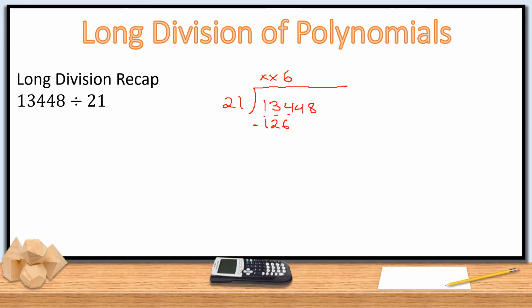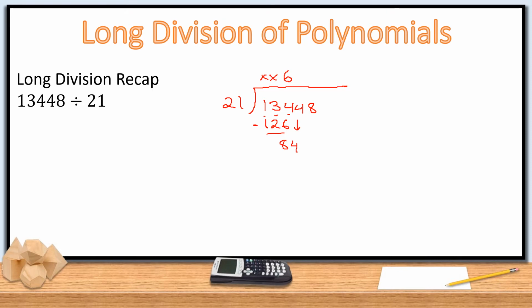Now, technically, we're doing this in the hundreds spot. So we're saying there are 600 times 21 in 13,448. Subtract it out, we're left with 8. And then you bring down the 4, so 84.